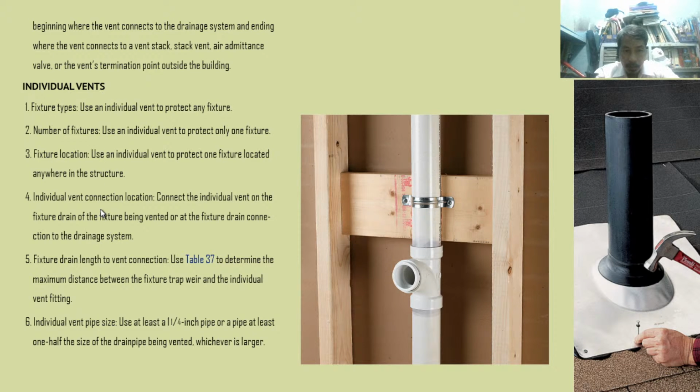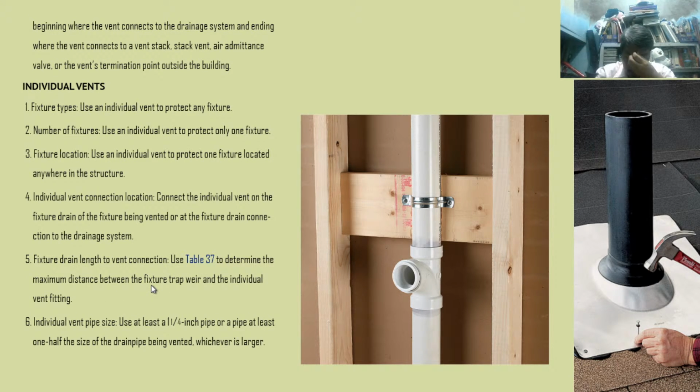Connect the individual vent on the fixture drain of the fixture being vented, or at the fixture drain connection to the drainage system. And number 5, fixture drain length to vent connection. Use table 37 to determine the maximum distance.